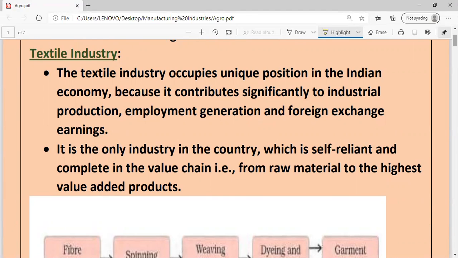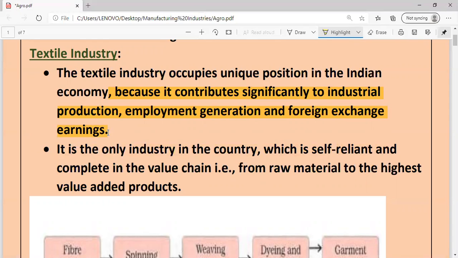The textile industry occupies a unique position in the Indian economy. Why does it enjoy a unique position in our economy? Because it generates employment opportunities and it helps in earning foreign exchange.